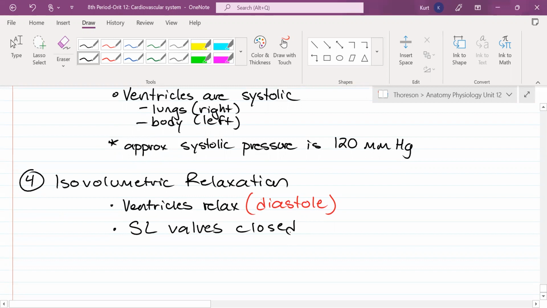Once again, you guys need to learn that a chamber's valve is defined as the valve that allows the chamber to empty. What chamber does the tricuspid empty? Okay, I've heard atrium and I've heard ventricle. Listen to my words. What valve allows the atria to empty?